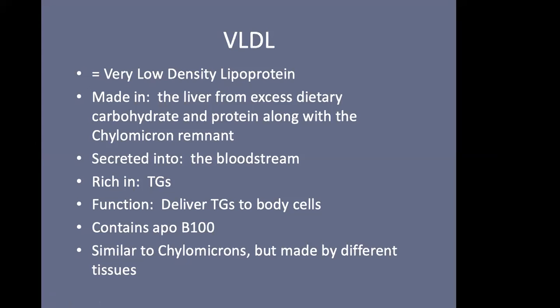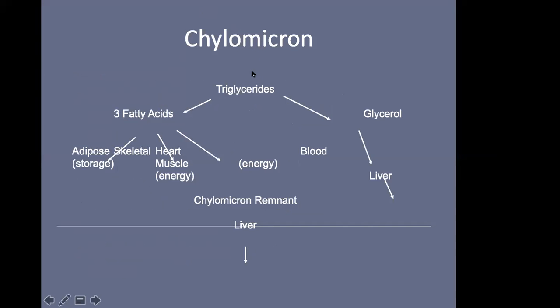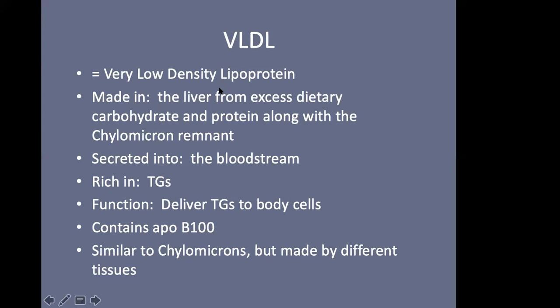Now the second one is very low density lipoprotein, which is made in the liver from excess dietary carbohydrate. Chylomicron exports exogenous triglyceride into various tissues, and VLDL transports endogenous triacylglycerol from the liver to various tissues. So the triglyceride which is prepared in the liver is transported to various tissues in the form of VLDL.